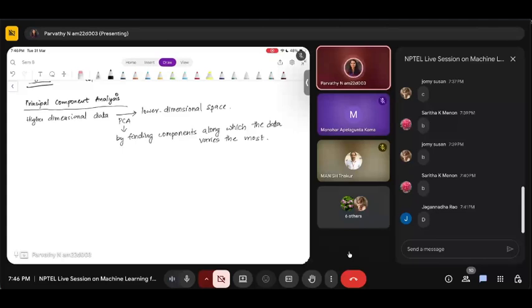I have come across one blog, I couldn't find it later. There was a blog that talks about why you want to use PCA and why this direction along which the data varies the most is important. They talk about how you have been to some forest and you want to categorize different types of birds in that forest.